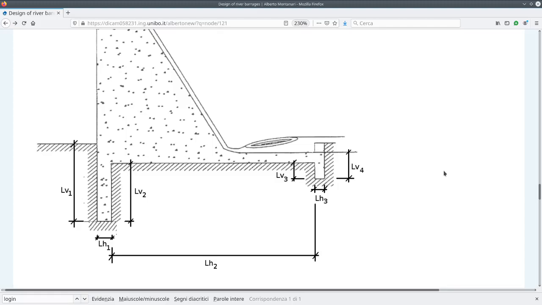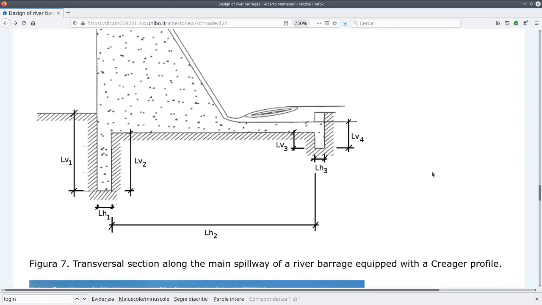And the path can be divided into its horizontal and vertical parts. And you see here in this figure how the vertical part is computed. So it's the sum of the movement of water downward and upward.